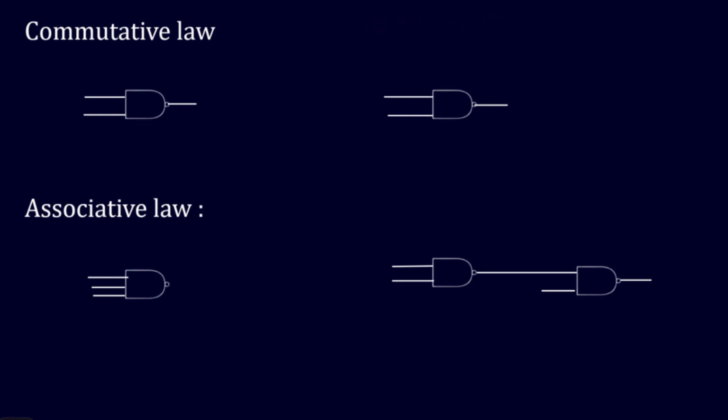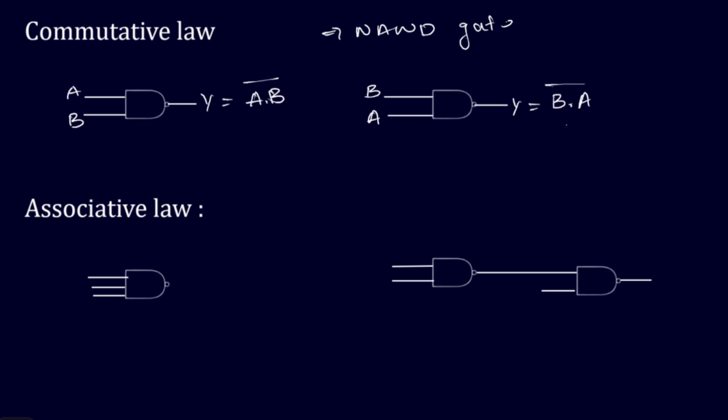Let us verify if the NAND gate follows commutative law or not. If I have A and B, then my output will be (A into B) bar. Similarly, if I take B and A, then my output must be (B into A) bar. So (A into B) bar and (B into A) bar are both the same. So we can write that the NAND gate obeys commutative law.